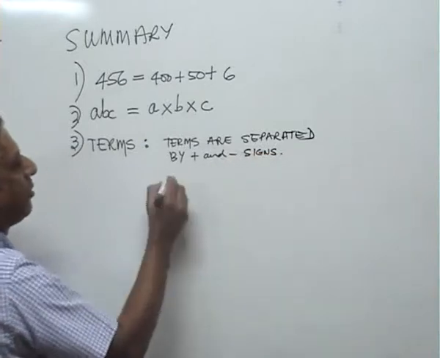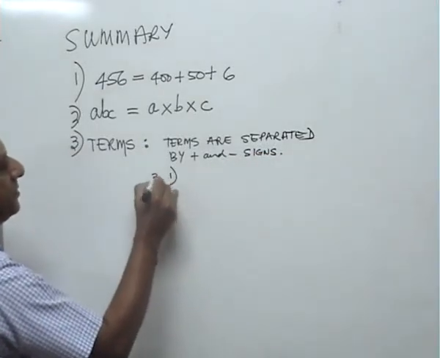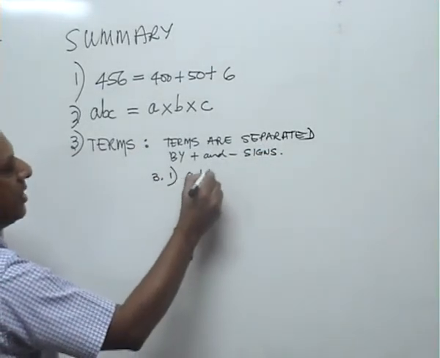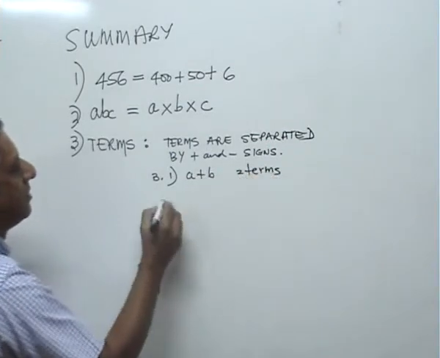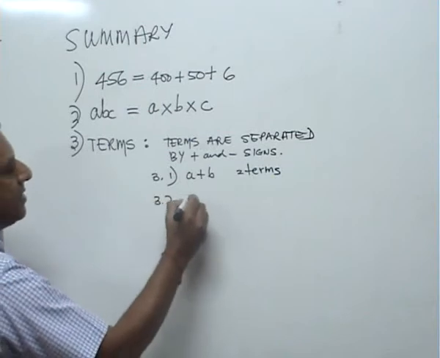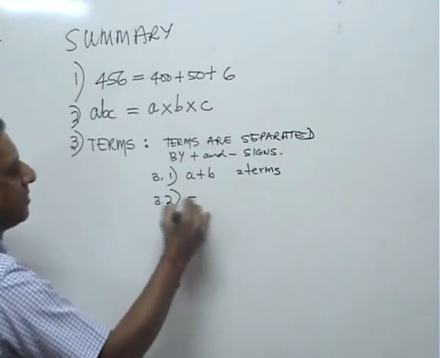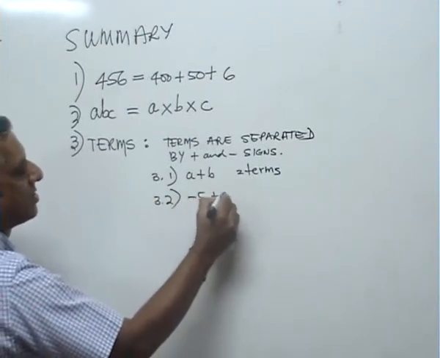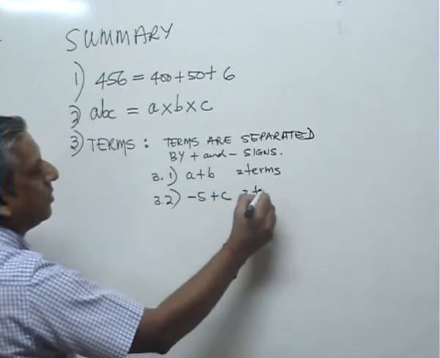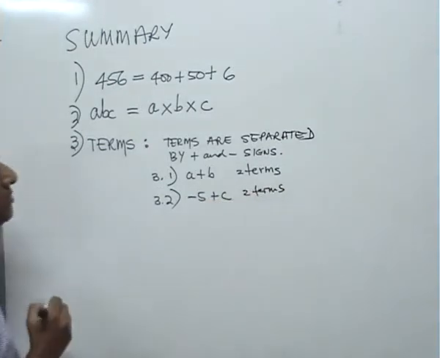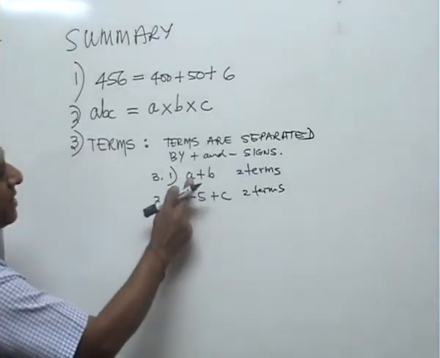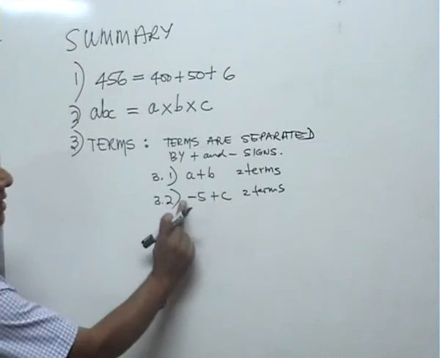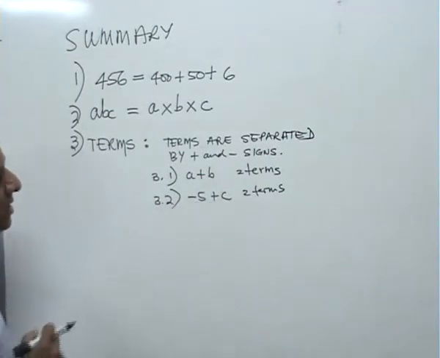Therefore, an example would be A plus B, two terms, and minus 5 plus C is also two terms. Here the plus is understood, so it's plus A plus B. Here it is minus 5 plus C.